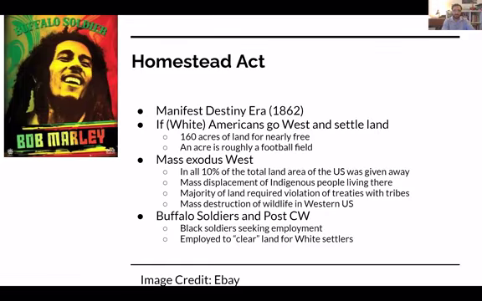So the Homestead Act dates back to the Manifest Destiny era, or during the Civil War, technically, in 1862.